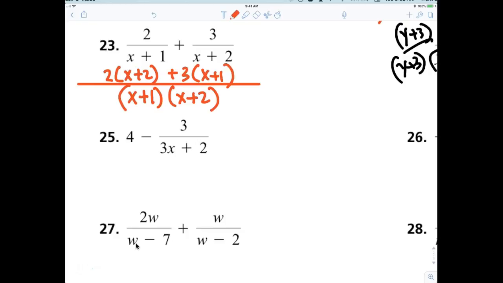Connor, are you with me? How do you know what to do? Well, these are the two denominators. So in order to get a common denominator, you just multiply those two things together.